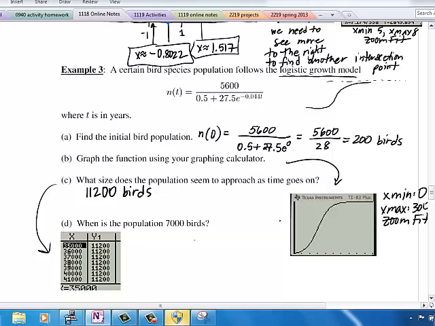When will the population be 7,000 birds? We want to do y1 equals our function, which is a function of x rather than t, and y2 equals 7,000, and intersect. So we'll have a line through here at 7,000 and figure out where that intersects. So let's do that.